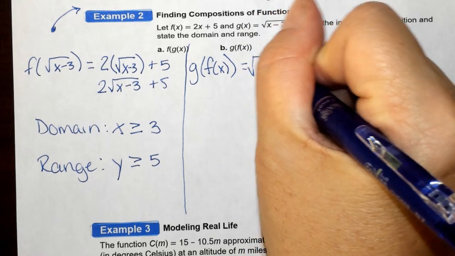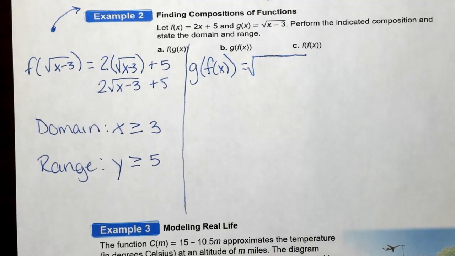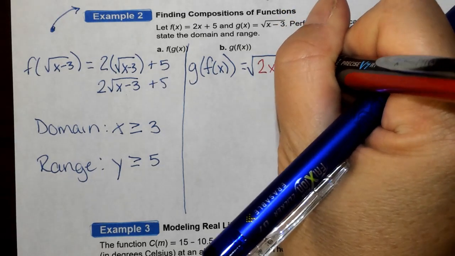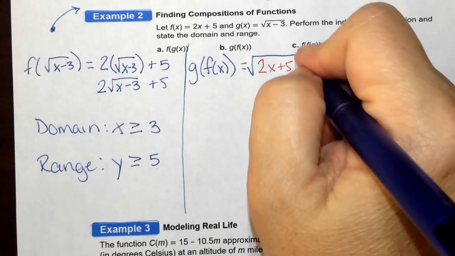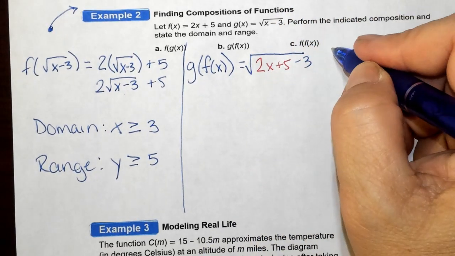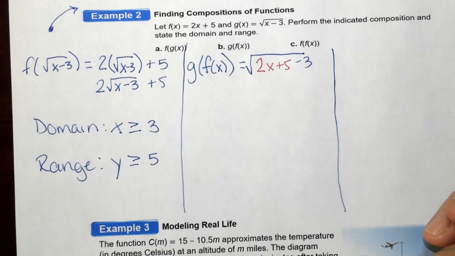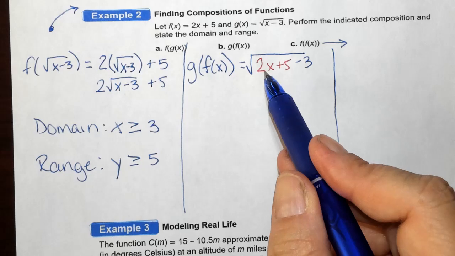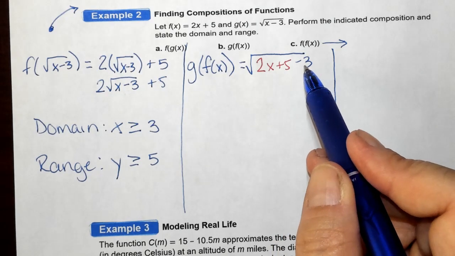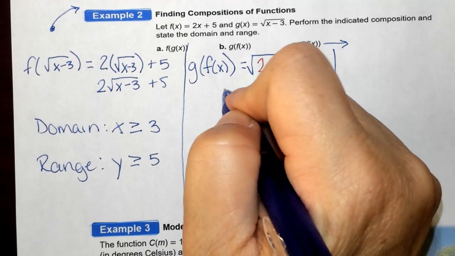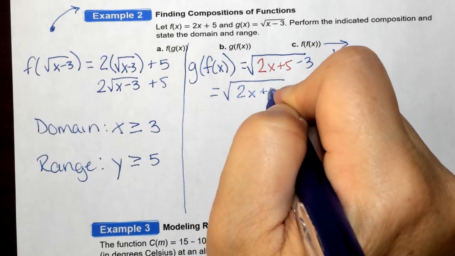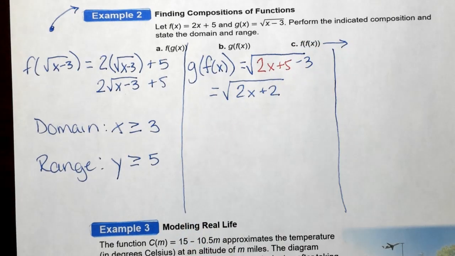So we have the square root, but instead of x, we have 2x plus 5, and then you still have that minus 3. So we'll draw a line here for b, and we'll just move c that way. All right, so we can combine our like terms. So this does become the square root of 2x plus 2.